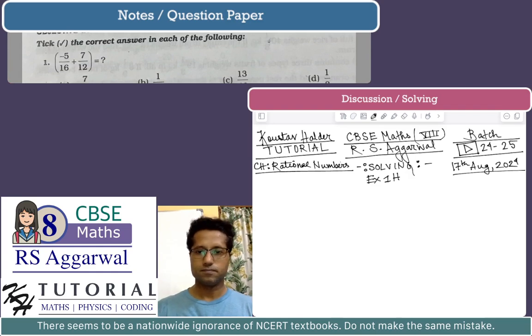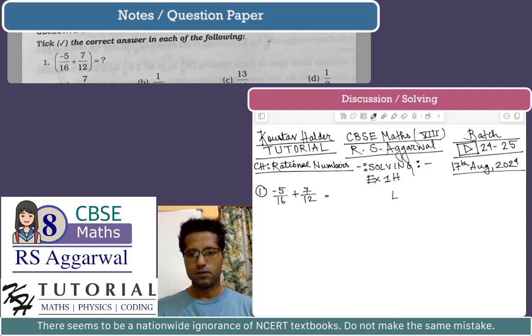Question number 1. We have to find the value of minus 5 by 16 plus 7 by 12. We can see that the denominators are different, so we first have to find the LCM of the denominators, that is LCM of 16 and 12.